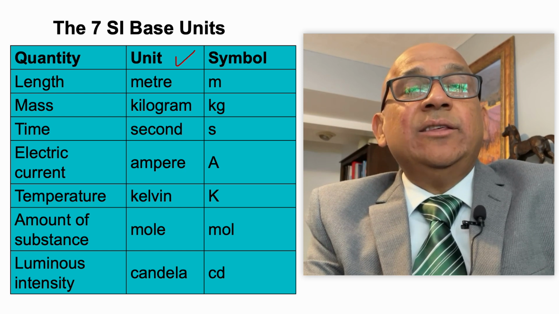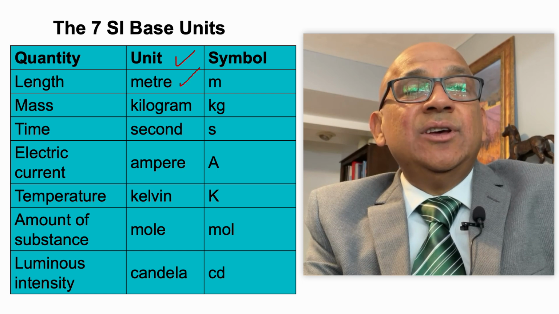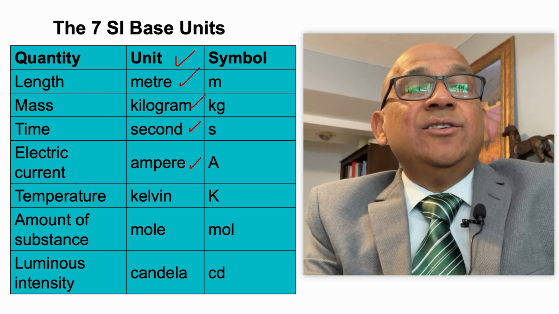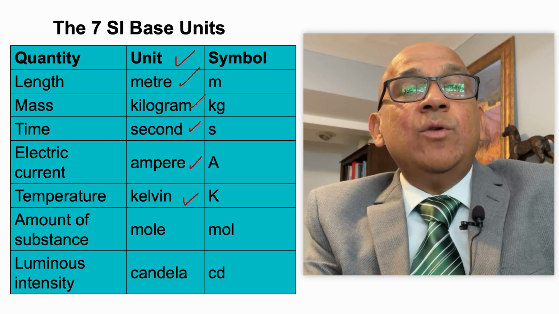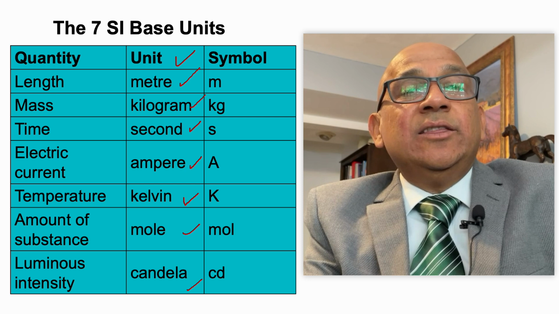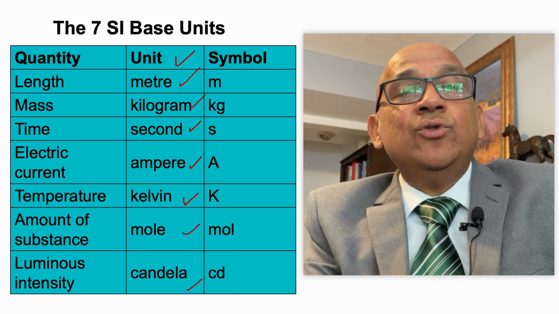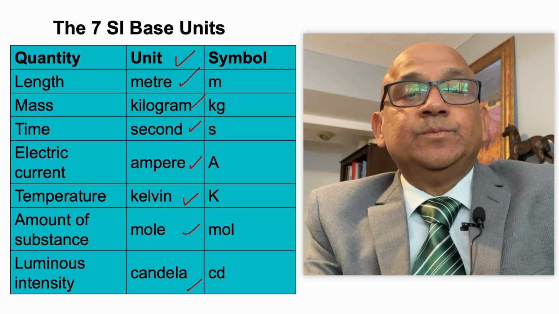For example, in SI system you will represent length in meters, mass in kilogram, time in seconds. Electric current in ampere, temperature in Kelvin, and amount of substance in mole, and luminous intensity in candela. In the third column I have shown the symbols for each of these units.